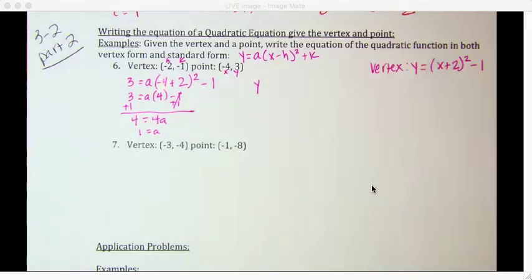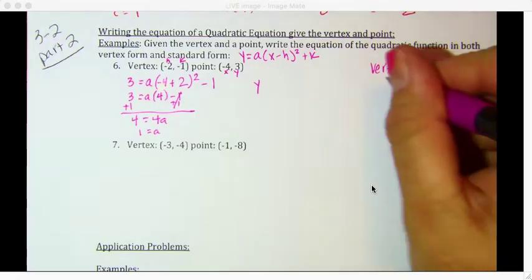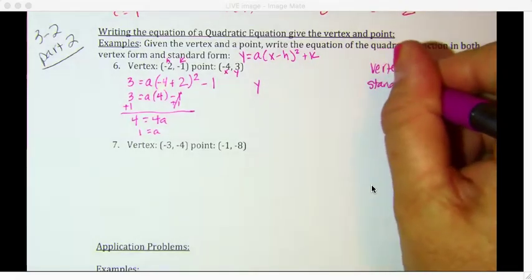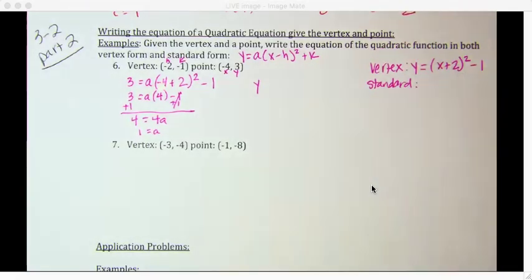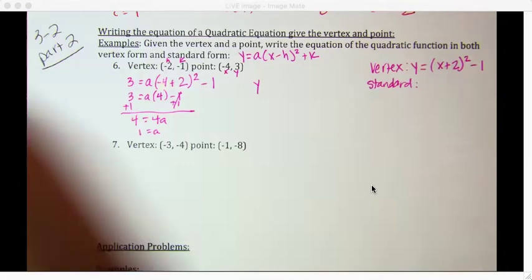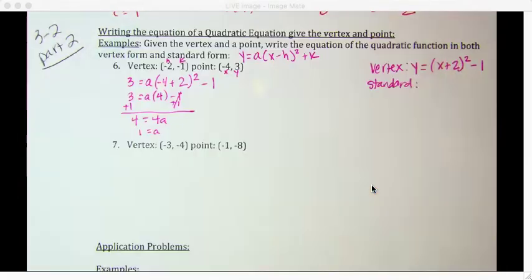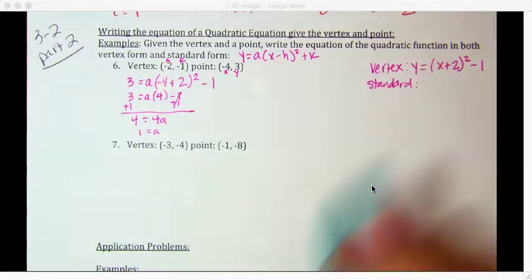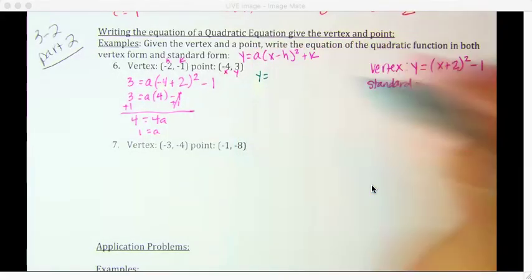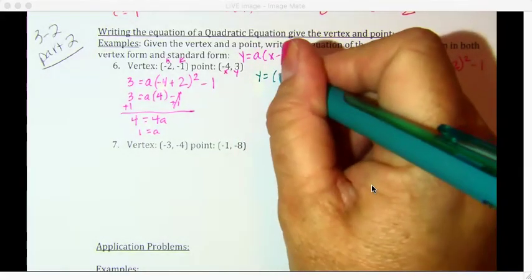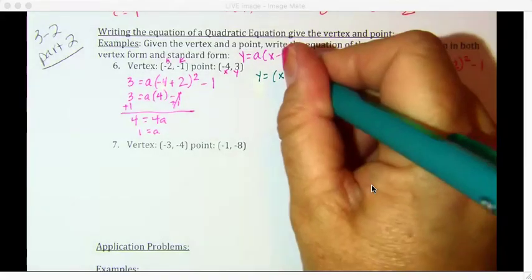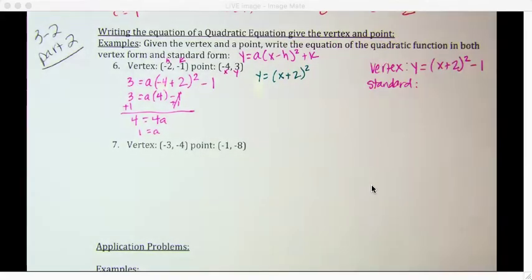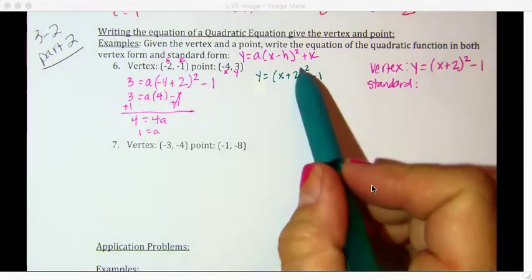So that's vertex form. And then I also need to write it in standard form. I'm going to use this vertex form, y equals, and then my a value is 1, x plus 2 squared minus 1. And I'm going to use the box method to multiply that out.